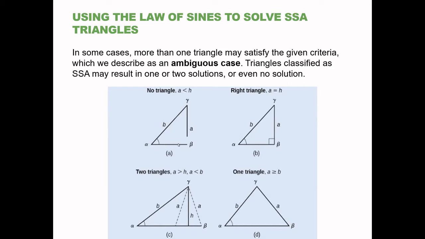We cannot move this side because the angle is given. Now, if side A is too short compared to side B, and it never touches this side, C, then no triangle can be formed.